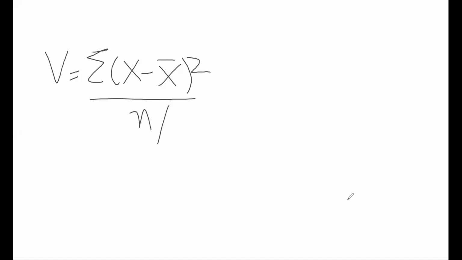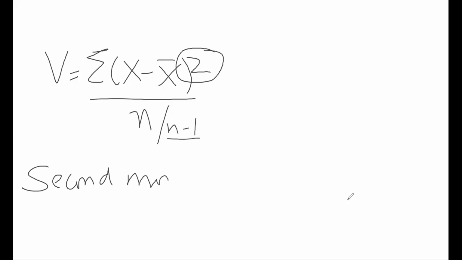So basically, we have learned that variance is equal to sigma (x minus x bar) square divided by n or n minus 1. Anything is possible. So this 2 is called the second moment.